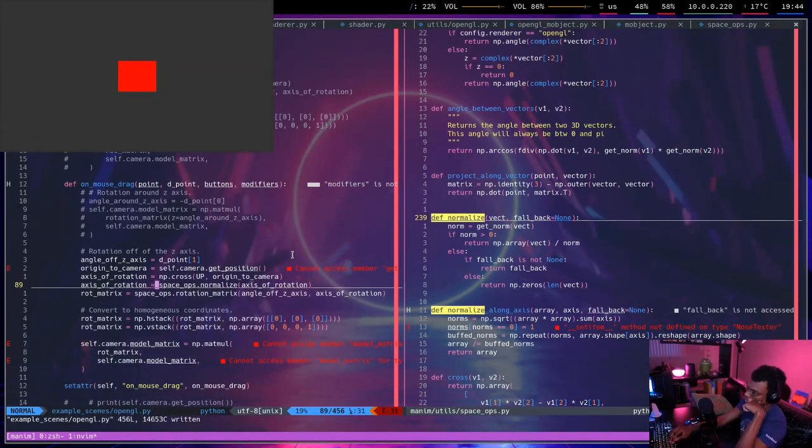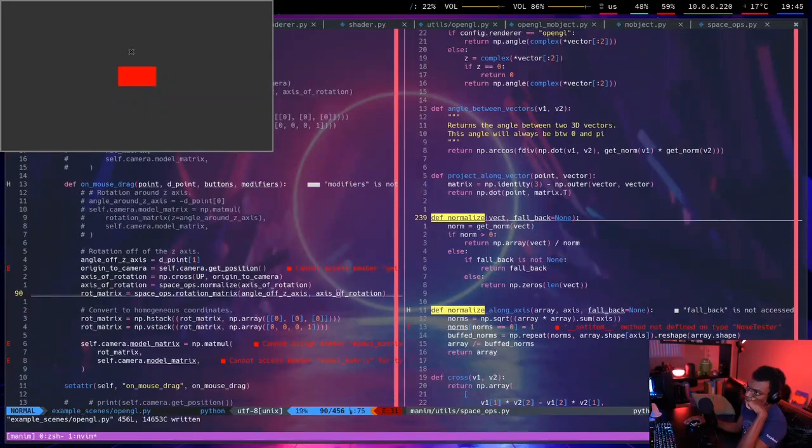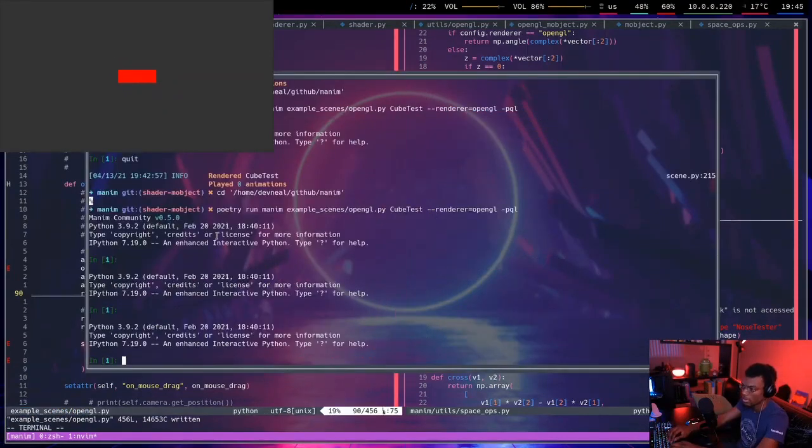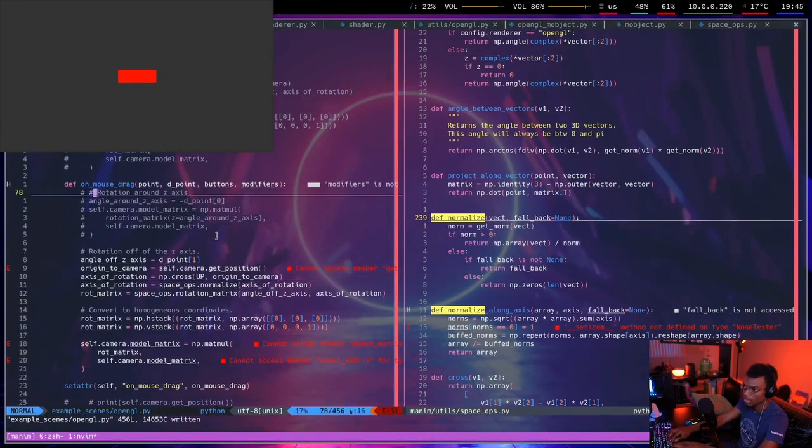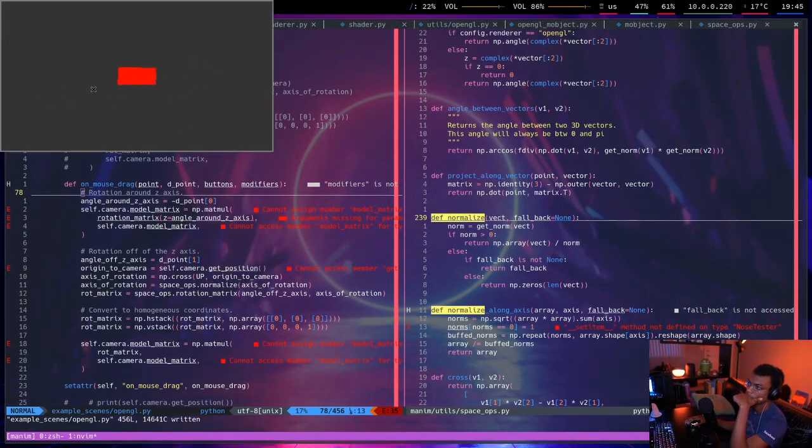So now the rotation matrix is around a normalized axis of rotation. And then I convert it to homogeneous, that's fine. Okay. Well, that was working before. I have to add in the rotation around the z-axis. No, it's still doing it.